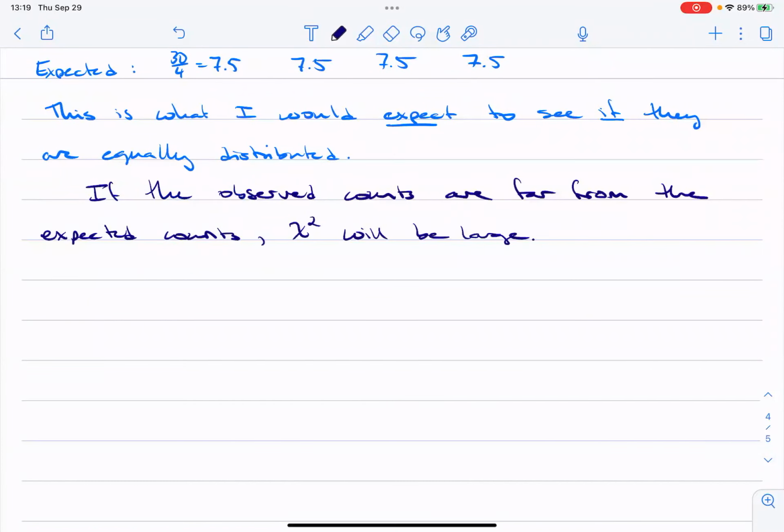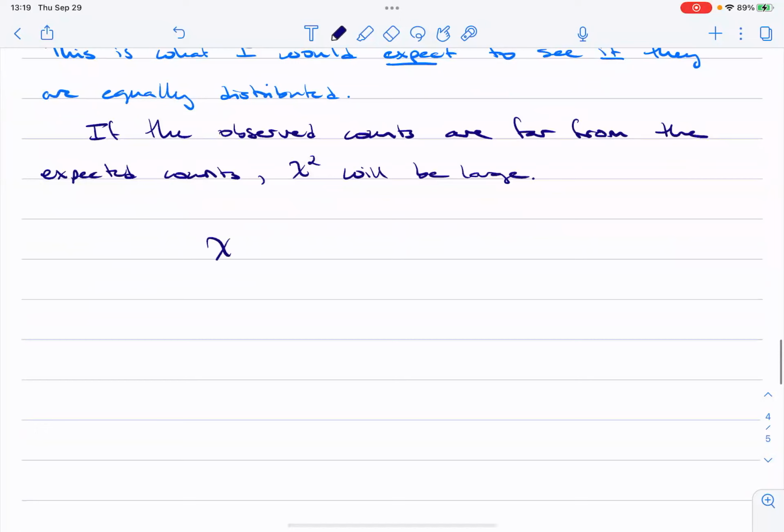How can I get there? Well, remember, chi-squared is the sum of the observed minus the expected over the square root of the expected.